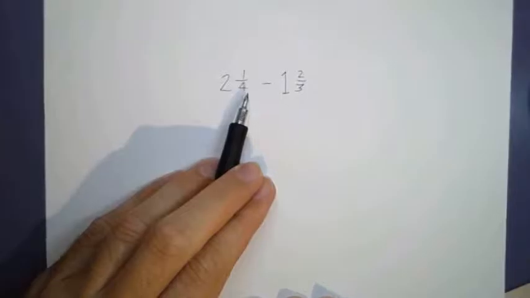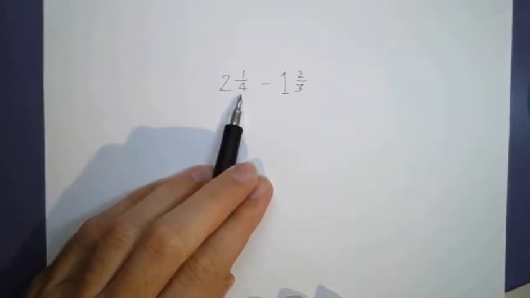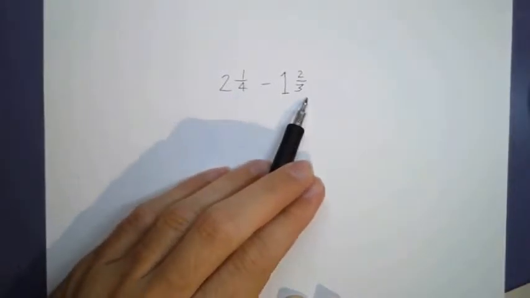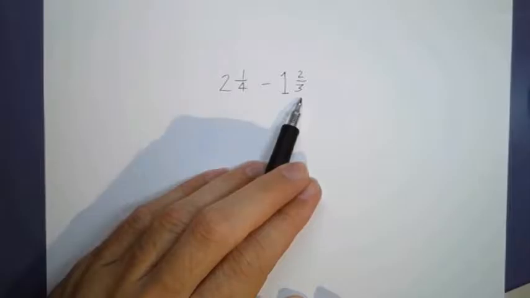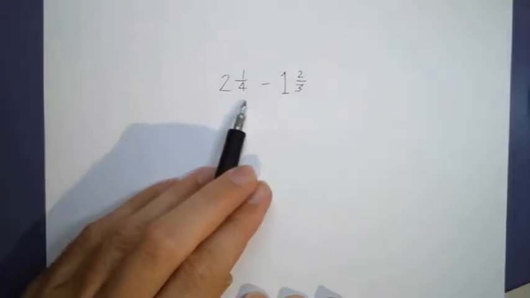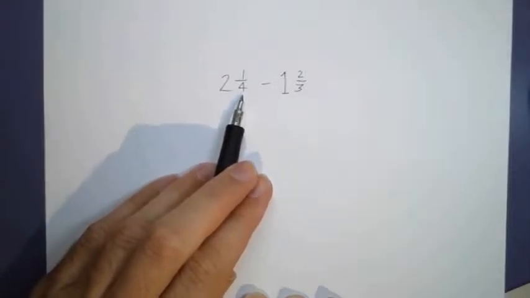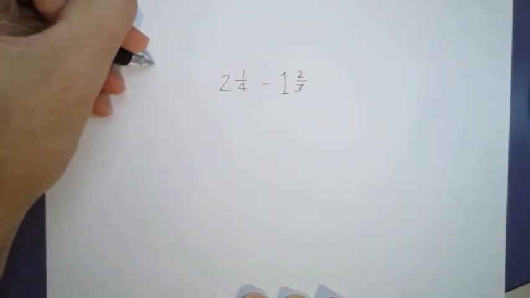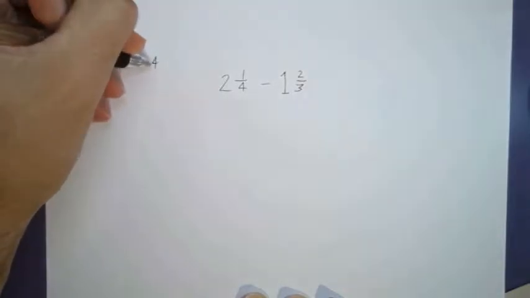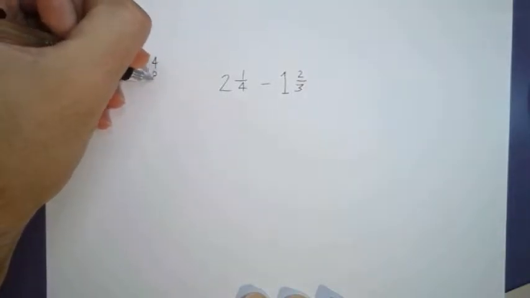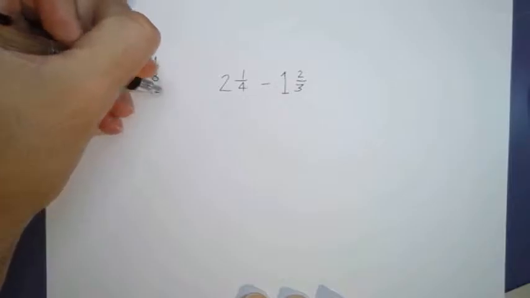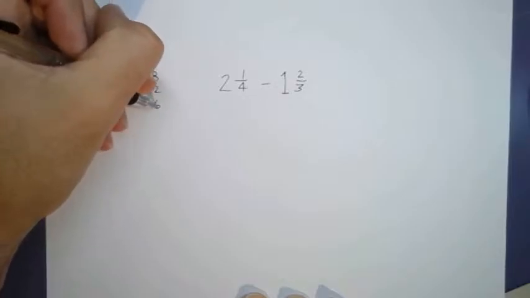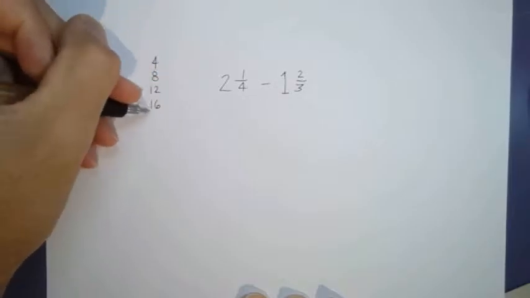So as we did before, what do 4 and 3 both go into? If we look at multiples of the larger of the two numbers, and we can spell those out on the side, we have 4 times 1 is 4, 4 times 2 is 8, 4 times 3 is 12, 4 times 4 is 16, and so forth.